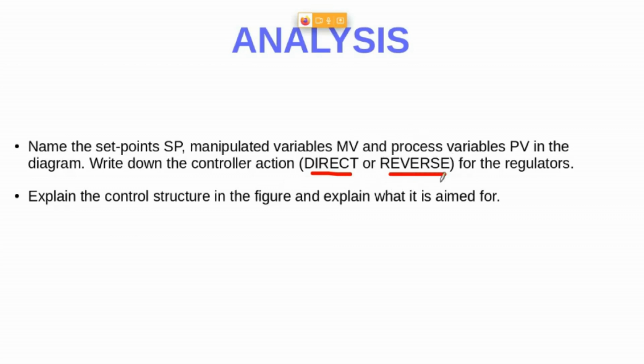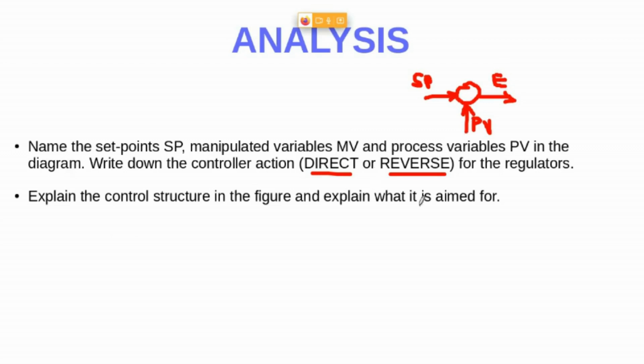Well, the reverse action of the controller means, remember, that the error will be calculated this way. This is our set point, right? Here we have the process variable, so the measurement, and this is the error, right? So the error goes in here, the set point in here, and the process variable.